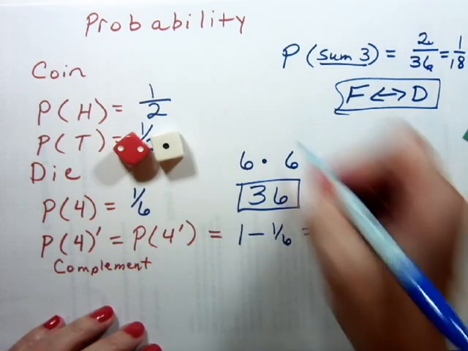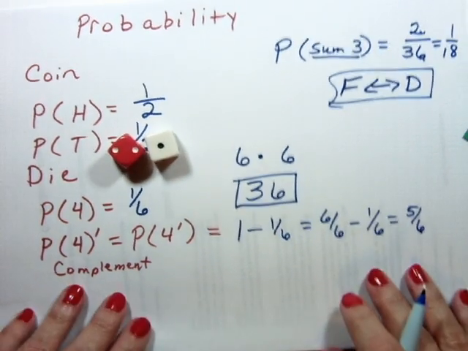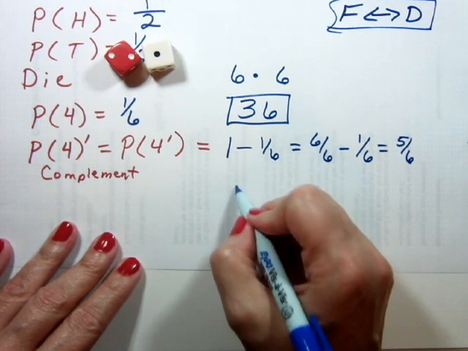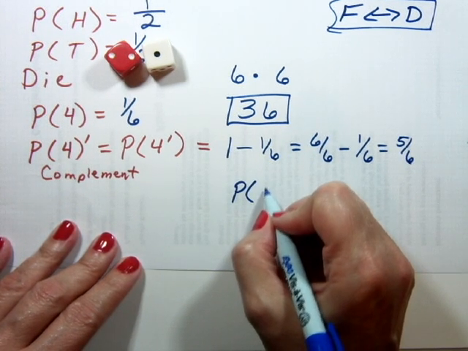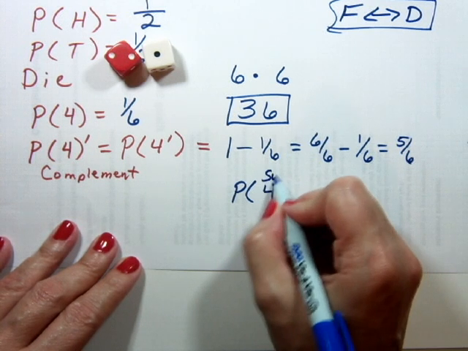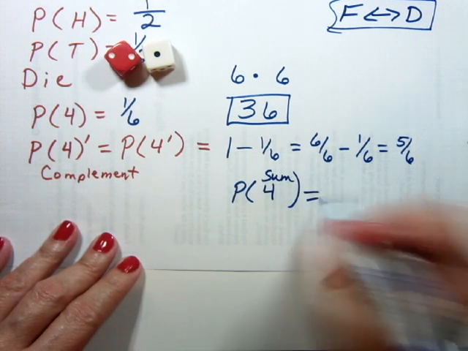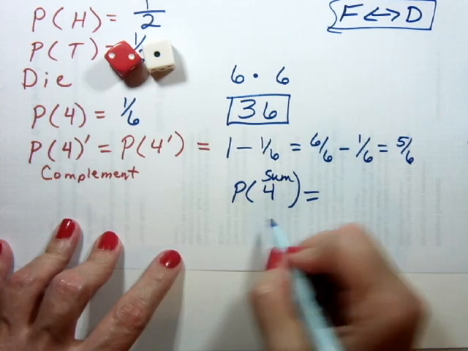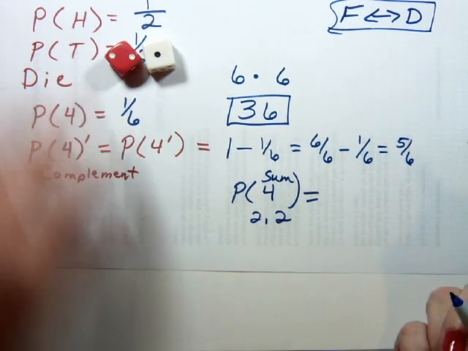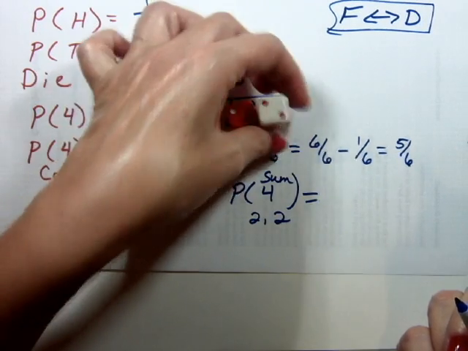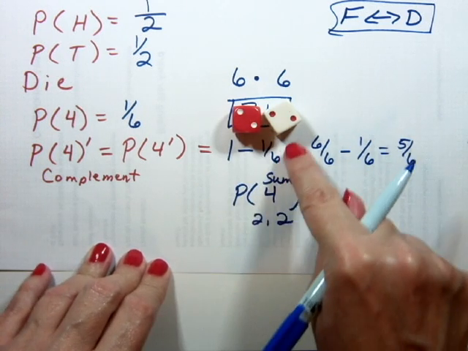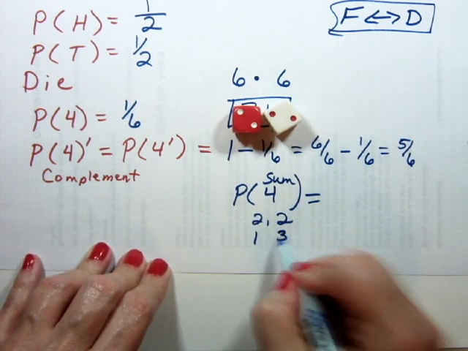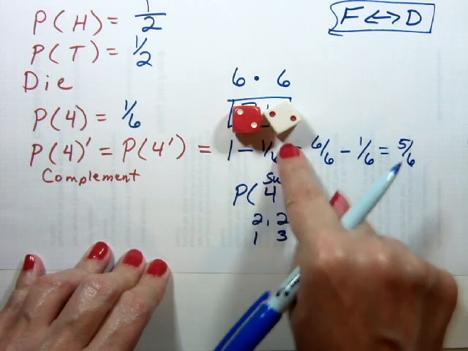So now, what if I wanted the probability of me getting a sum of 4? A sum of 4 on a pair of dice. Then I need to think through this. I don't want to make every one of them, but I can get a 2 and a 2. I could get a 1 on this one and a 3 on this one, or I could get a 3 on this one and a 1 on this one.